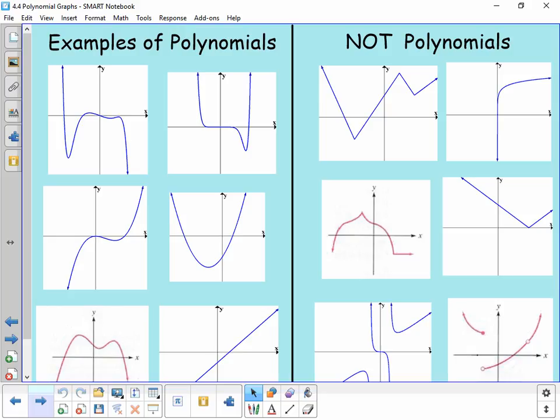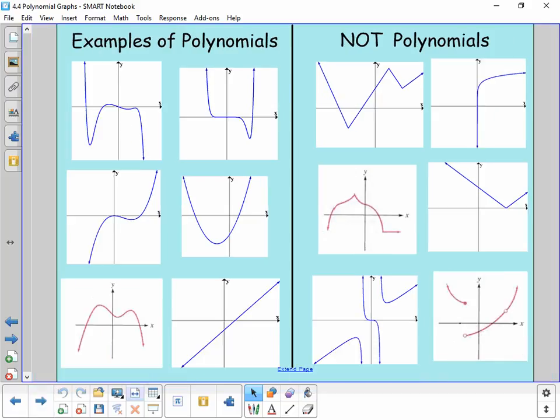Here are some examples of what polynomials look like on the left, and on the right we have things that are not polynomials. So as you look at these graphs, you hopefully can pick out some characteristics that all polynomials have that are different than things that are not polynomials.